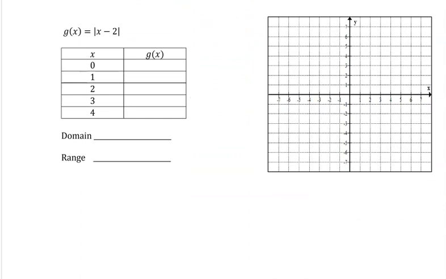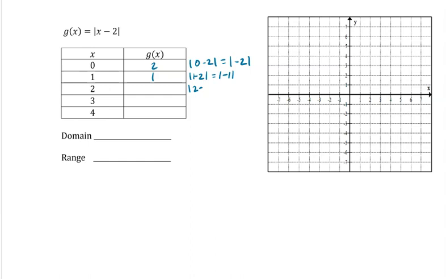The absolute value of x minus 2. All right, again, I gave you some x values to plug in already, so we're going to use these. So this is going to be an absolute value of 0 minus 2, which is the absolute value of negative 2, which is just 2. Absolute value of 1 minus 2 is the absolute value of negative 1, which is 1.